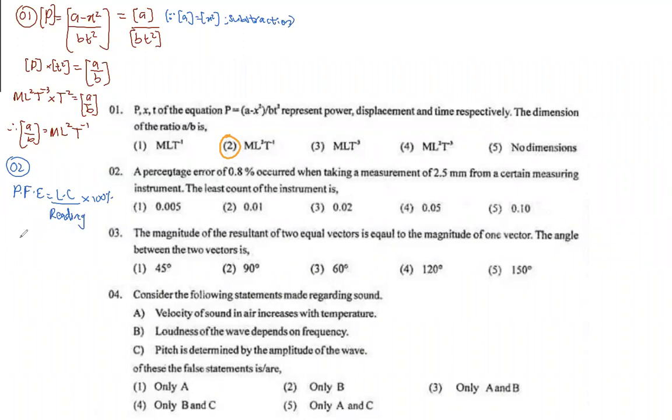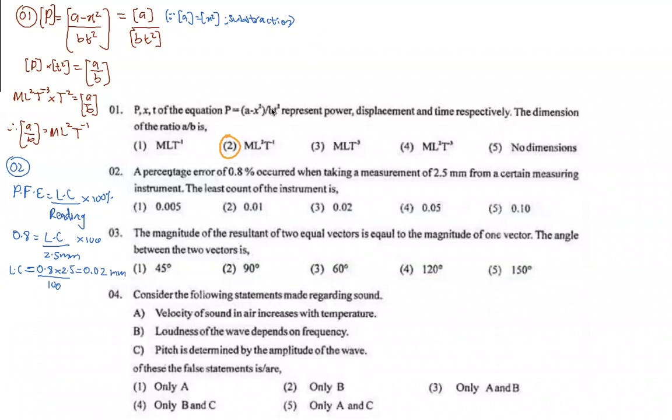The percentage fractional error is 0.8. Least count not given. Reading, they have given it as 2.5 millimeter, into 100. So least count is going to be equal to 0.8 into 2.5 over 100, and 0.8 into 2.5 is 2, over 100 is 0.02 millimeters.